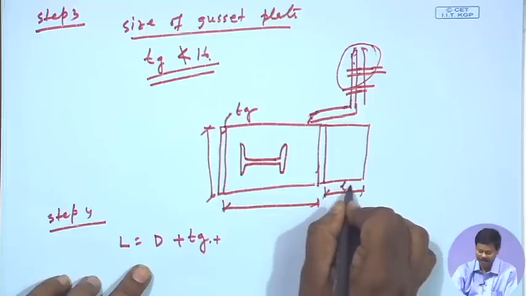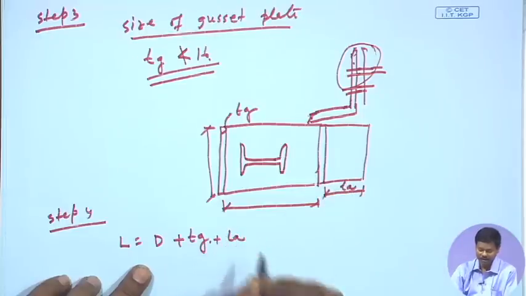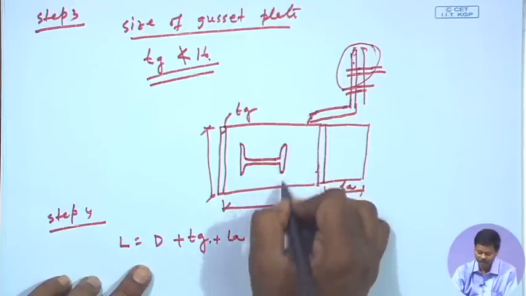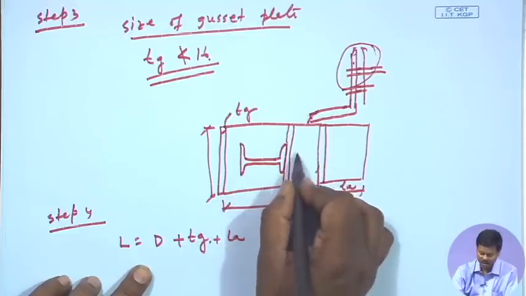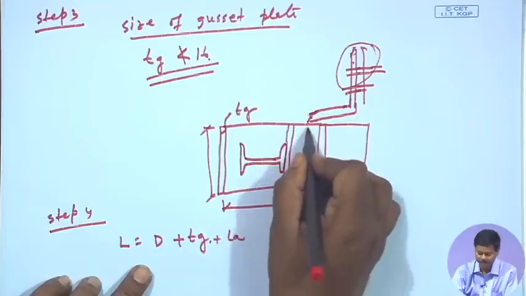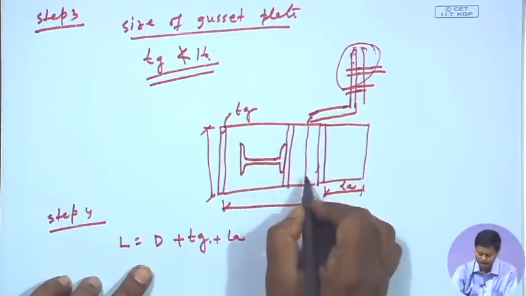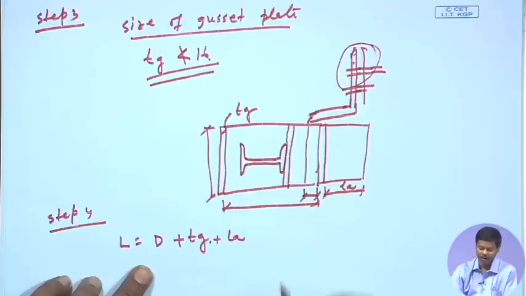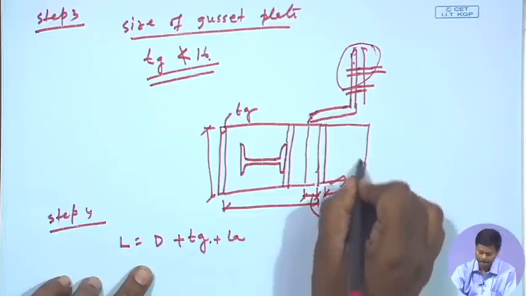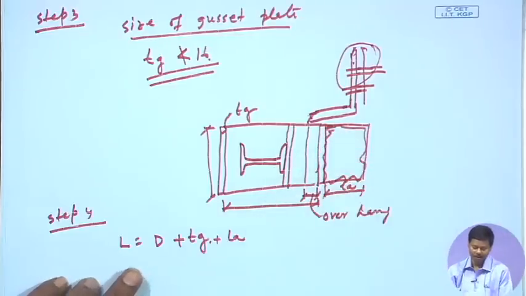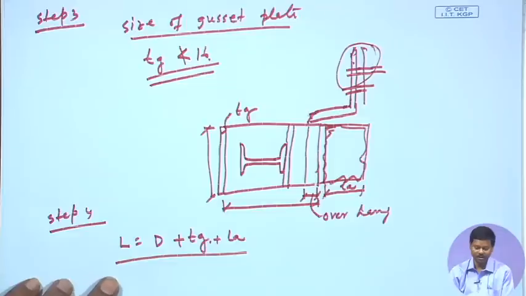So, that length, say L A, leg length of the angle, and then if we start from here, this is the gusset plate and then leg length, and then this is the overhang portion, right. So, this is how we will find out the length of the gusset plate. So, again I am showing in a different figure, so that it will be clear.